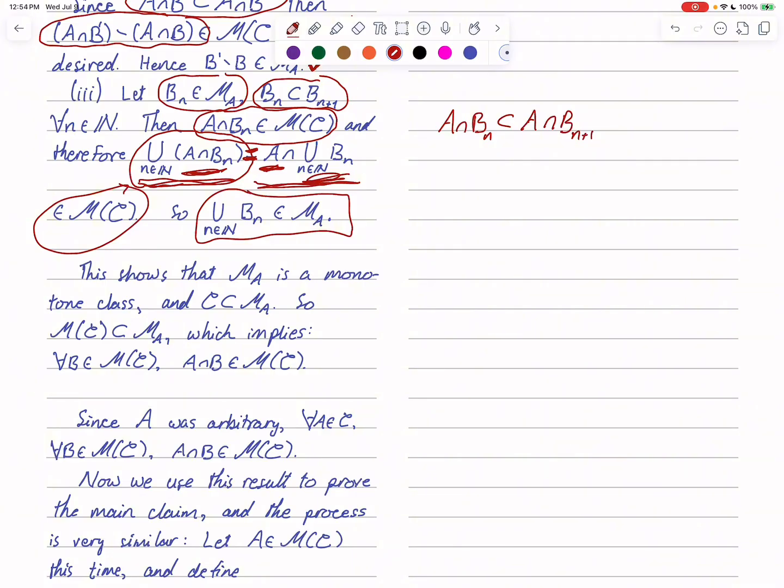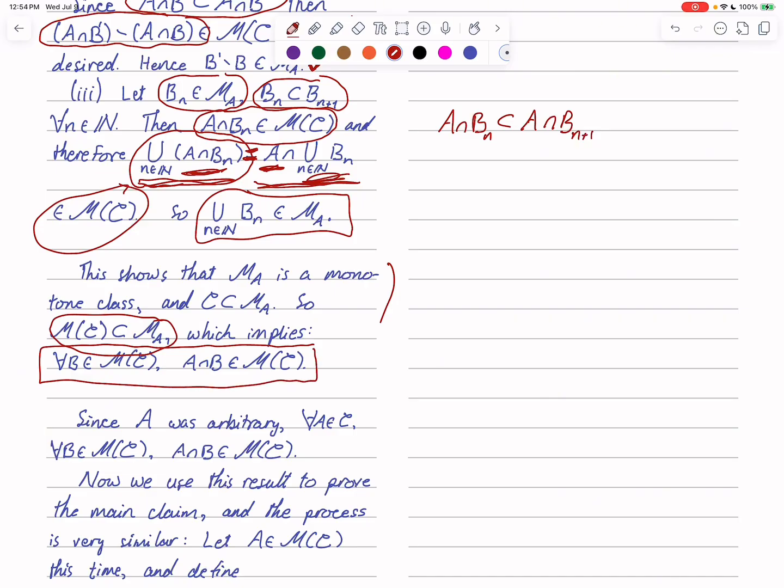Okay, we have now confirmed all the properties which show that M sub A is a monotone class. Because it is a monotone class which contains the collection C, we now have that the monotone class is contained in M sub A. And by the way, what does that get us? Let's take stock of the upshot there.